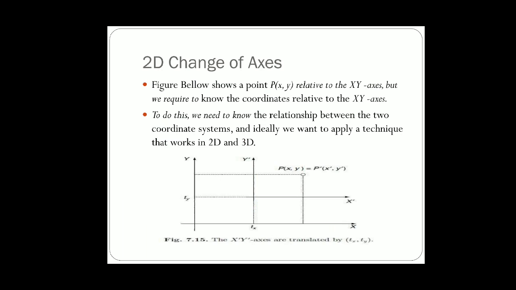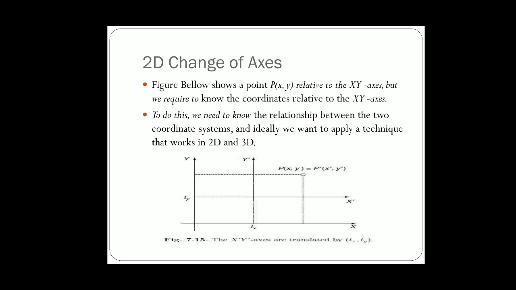Now in 2D, how to change the axis? The figure below shows the point P of x comma y relative to the xy axis, but we require the coordinates relative to the x dash y dash axis. To do this, we need to know the relationship between the two coordinate systems, and ideally we want to apply a technique that works in 2D and 3D.